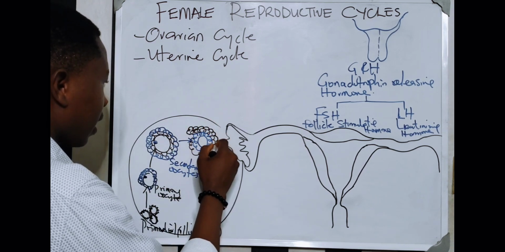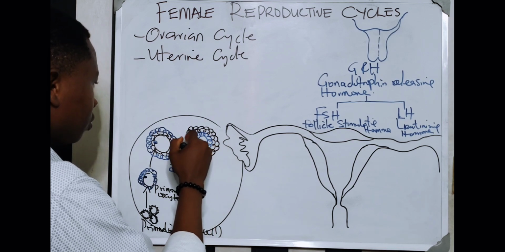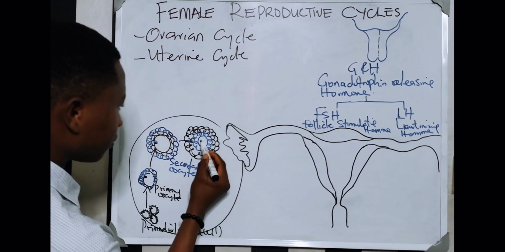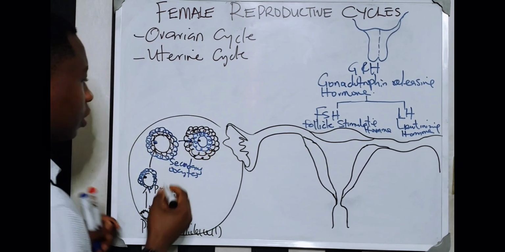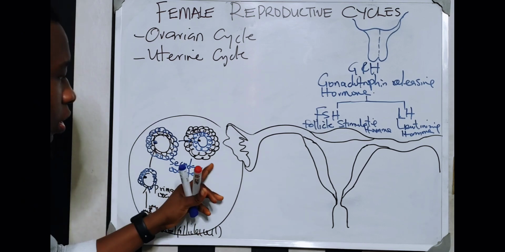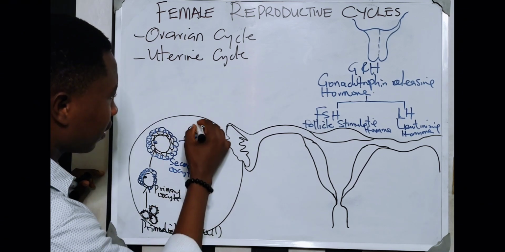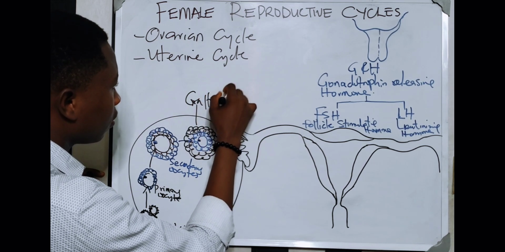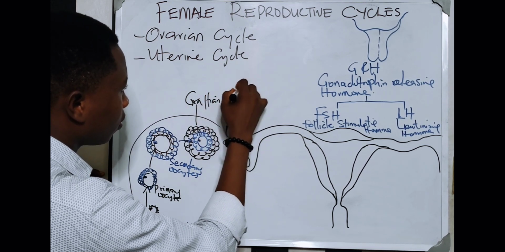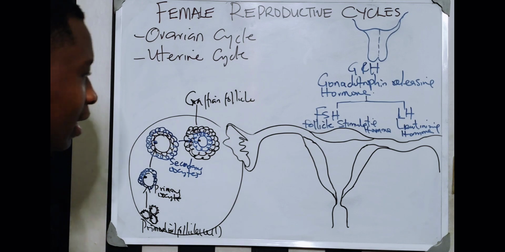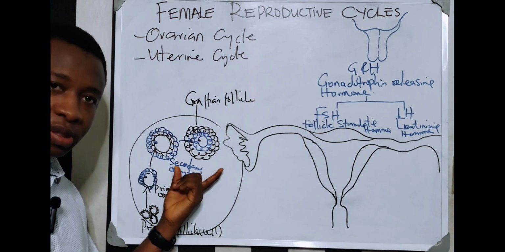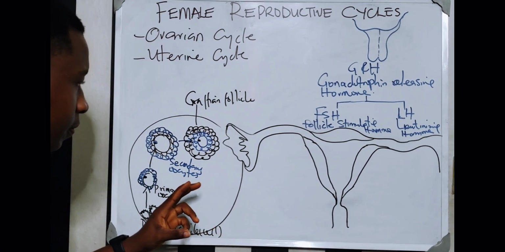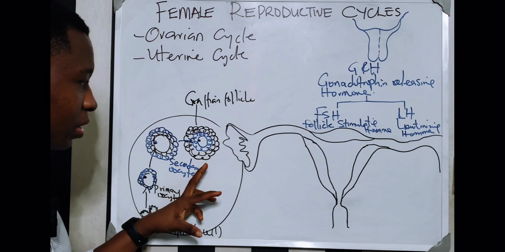So the layers here are thicker than that of the secondary oocyte. Okay. So this we can say is the Graafian follicle that contains the egg. Now, at this point, something happens.